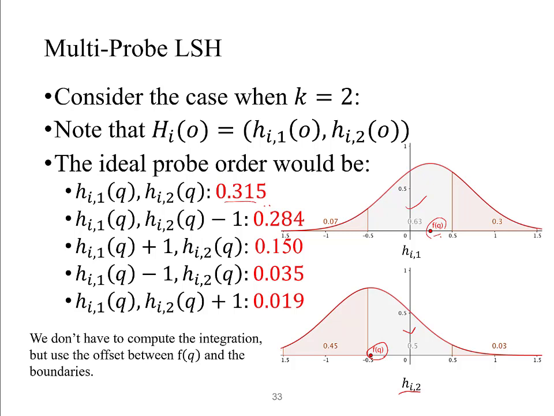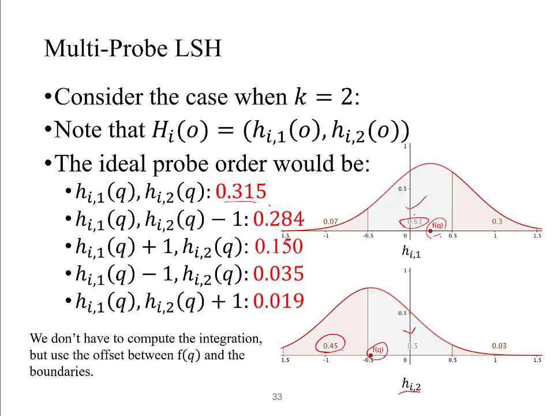Then we could compute all the probabilities that HO would fall into, say, for different combinations of hi,jQ, hi,jQ plus 1, and hi,jQ minus 1. Right, so as you can see, the next one should be this times this.